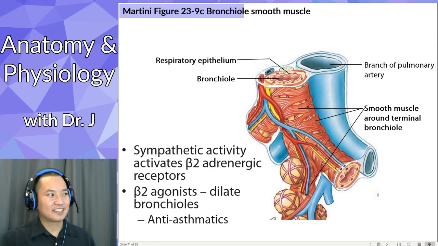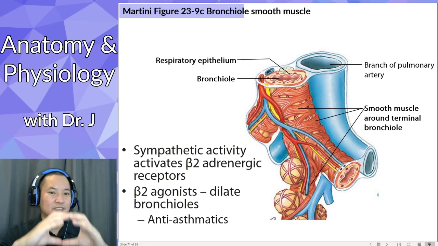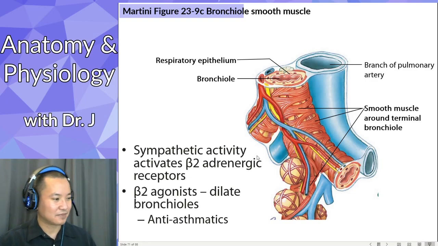So if you've ever had that fight or flight response and you notice what happens to your breathing, you start breathing faster and deeper. Well, this actually facilitates this by activating the sympathetic activity in your bronchioles. That actually causes them to dilate and open up. And again, just like our Poiseuille equation with blood flow, by increasing your radius, you decrease resistance and increase flow. So that's why that equation is very useful.